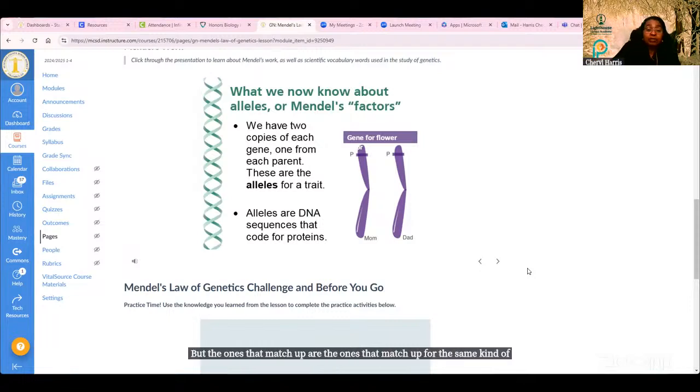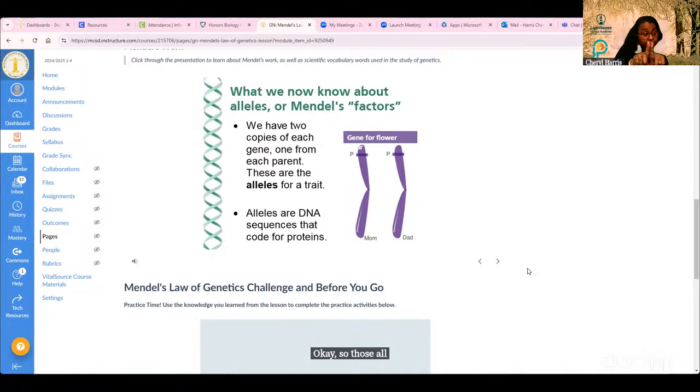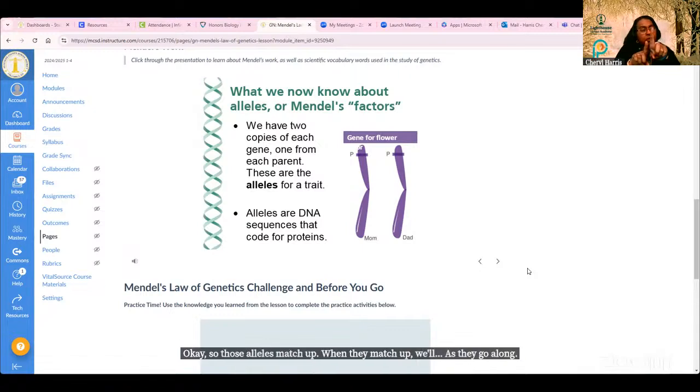Say, for example, this particular allele has eyes and height and weight on it. Okay, so those alleles match up. And when they match up, as they go along, it'll decide which one is going to be expressed.